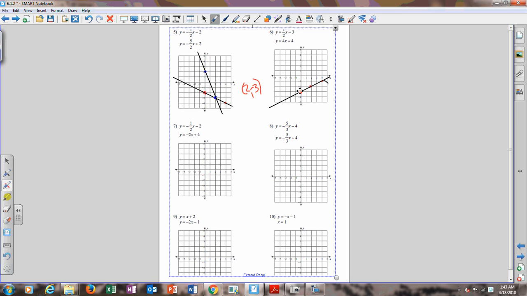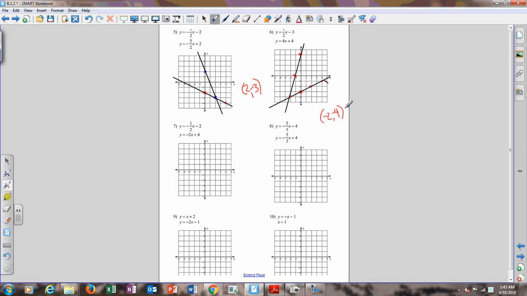Then we have 4x plus 4. Go up 4, make a dot. Then you go down 4, left 1. Down 4 more, left 1 more. You can see where it intersects already. (-2, -4).